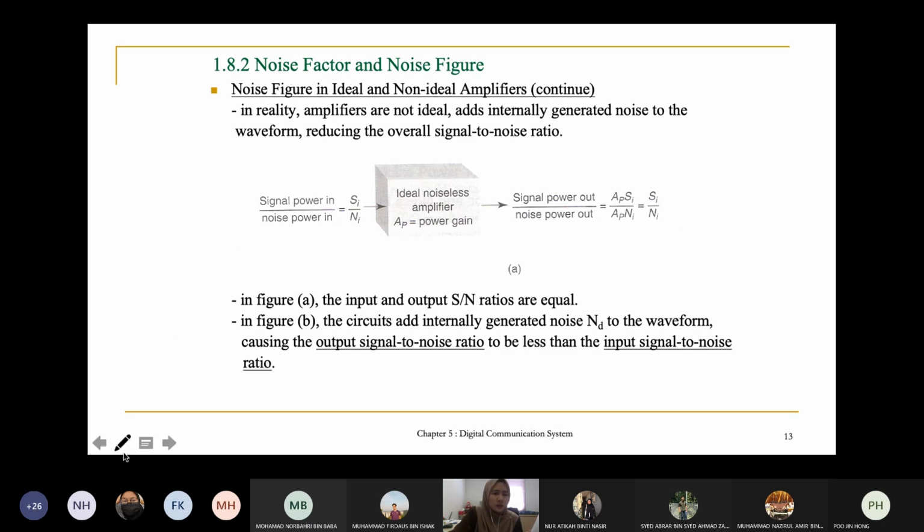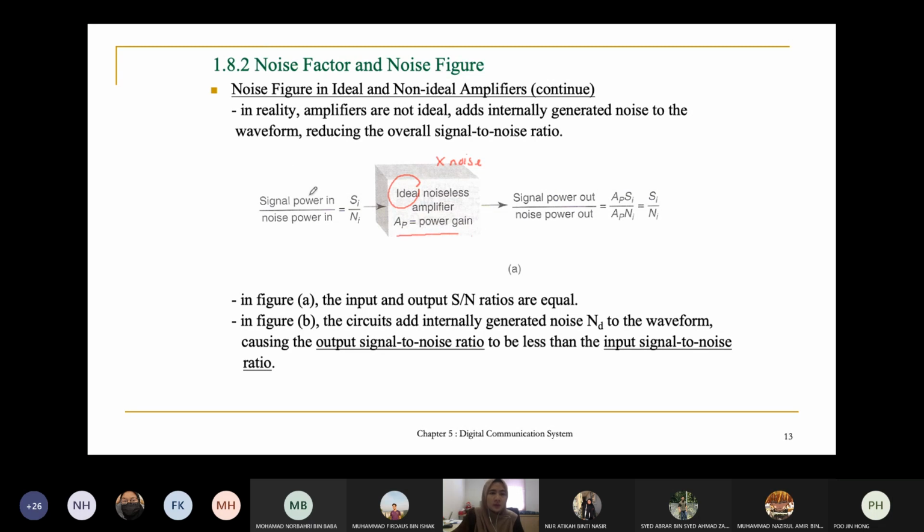If you look at this figure, this is the ideal amplifier. What it means by ideal is that this amplifier is noiseless. There is no noise. This amplifier has no noise, it only has a power gain.